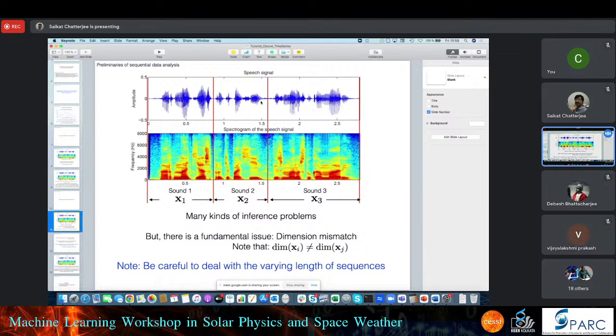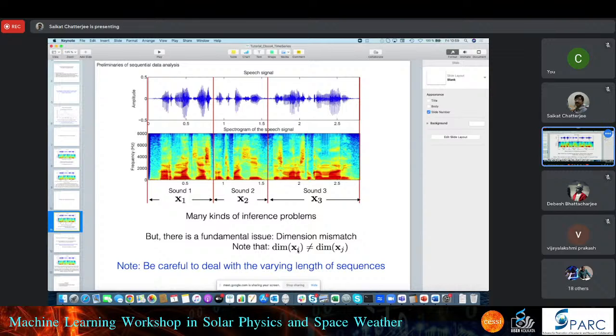Correct? So this is a fundamental problem. There is a dimension mismatch in the time domains, when you handle this time series or spatial series, in that the dimension of one portion may not be equal to the dimension of another portion. Typically they are equal. They are not equal. So be careful to deal with this varying length of sequences.